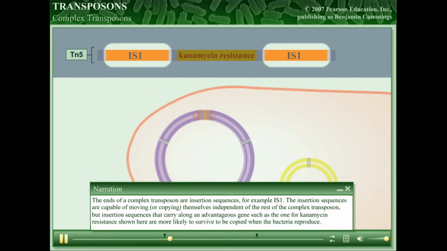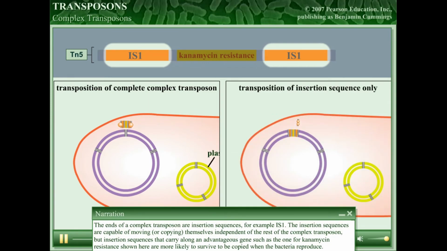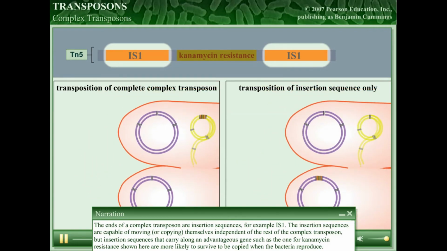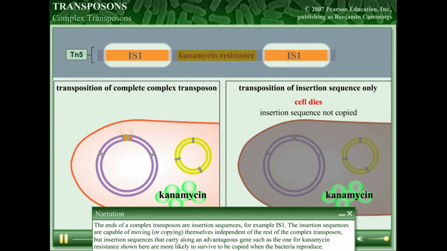The ends of a complex transposon are insertion sequences, for example, IS1. The insertion sequences are capable of moving or copying themselves independent of the rest of the complex transposon. But insertion sequences that carry along an advantageous gene, such as the one for kanamycin resistance shown here, are more likely to survive to be copied when the bacteria reproduce.